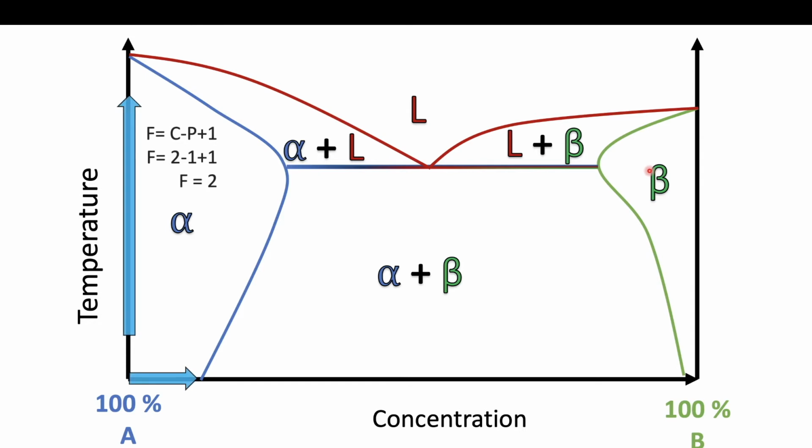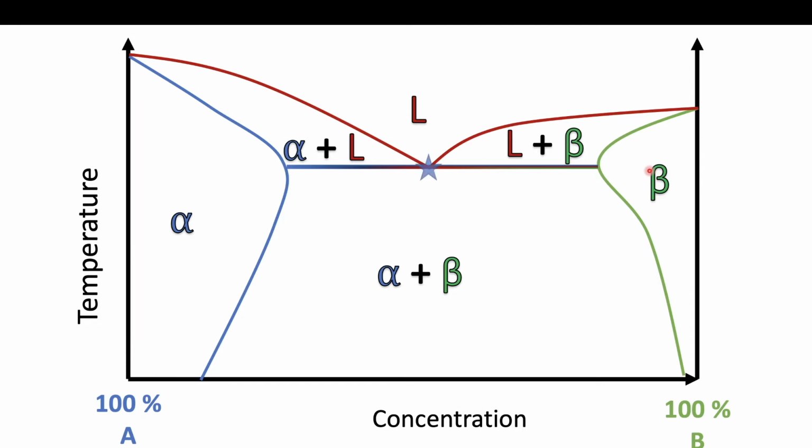Now let's apply the degrees of freedom to a special point, which is this. At this point, you have 3 phases in equilibrium, that is, liquid can coexist with alpha and beta at this particular point. If we apply the Gibbs phase rule, we see that we have 2 components and 3 phases in equilibrium.